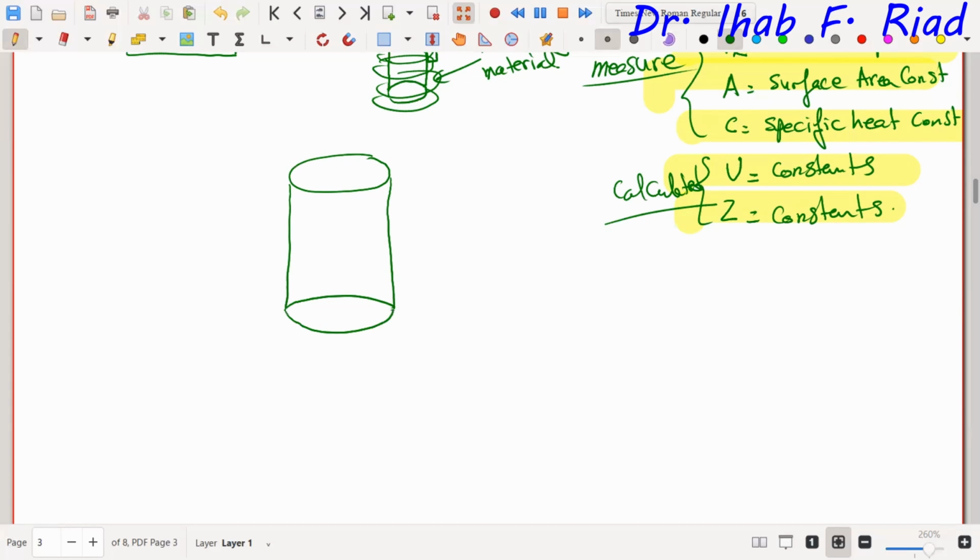So how many surfaces does this cylinder have? Two. Is it only two? Let us count. So the top is one, right? Yes. The bottom is two, right? Right. What about the sides?